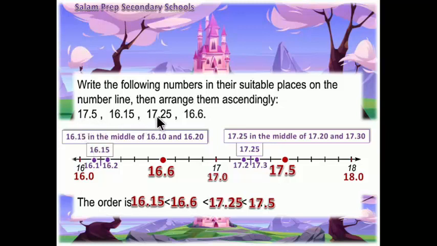We have two numbers, 17.5 and 17.25. In decimal part, 25. But here is 5 tenths, so we need to put 0. The decimal part will be 50 and 25. 25 is the smaller, so we will put 17.25 smaller than 17.5.